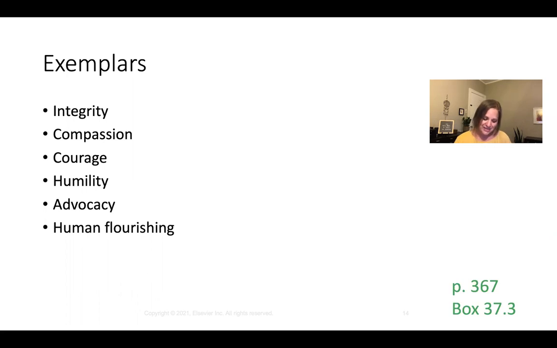Courage has 2 meanings: to effect change and to stand in opposition for moral rightness, having the courage to do what is right, even if other people are defying that. And then certainly humility means not taking either an overstated amount of credit nor blame for a particular situation.